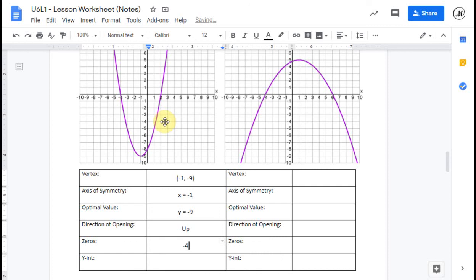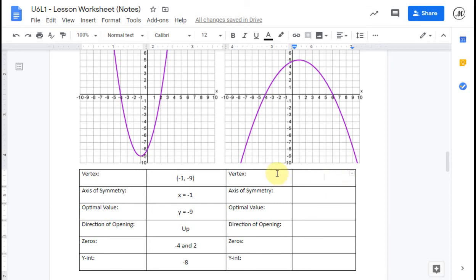We can just say the x-intercept, or zeros, are -4 and 2. Then the y-intercept, where the parabola crosses the y-axis, is at -8. At this point, it would be a good idea to try filling these in on your own, and then come back and check and see if you did it right.